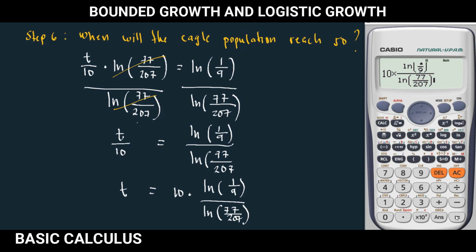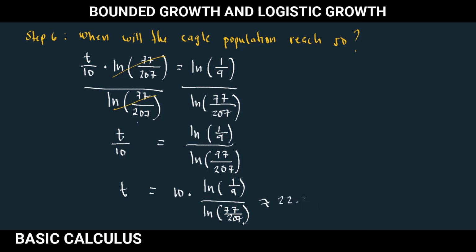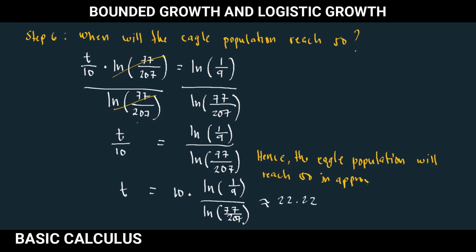Then click equal, and that will give you approximately 22.22. So for our conclusion, the eagle population will reach 50 in approximately 22 years. So that's the answer for this.